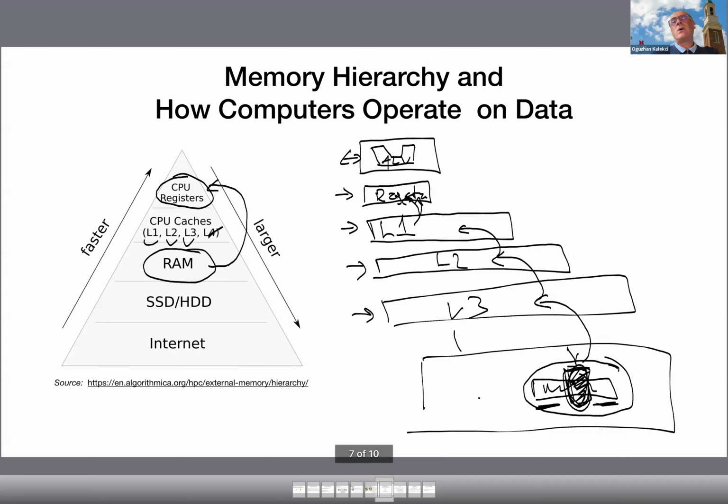What I would like to emphasize is that moving your data between the different levels of memory is not a singular atomic operation. You are moving data in chunks. That means if your data is maintained in memory as a contiguous block, that will be very beneficial for further operations.